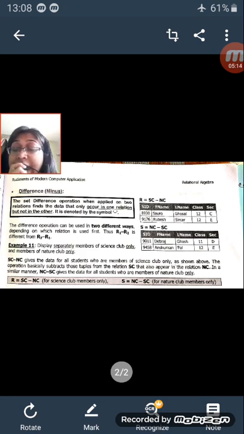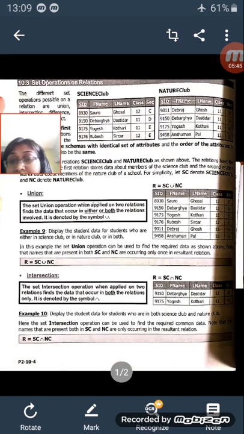That means if we eliminate the common part from both tables, then the rest of the part will be displayed. If we want to subtract SC minus NC, we show the relation from science club where the common part with NC is eliminated.